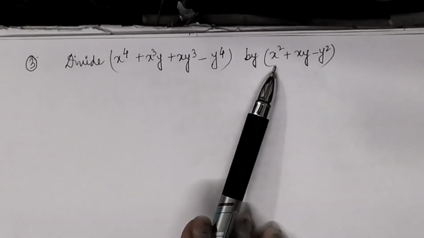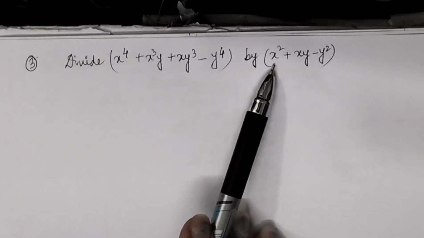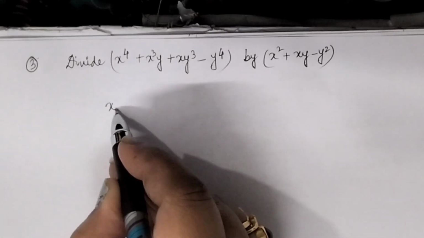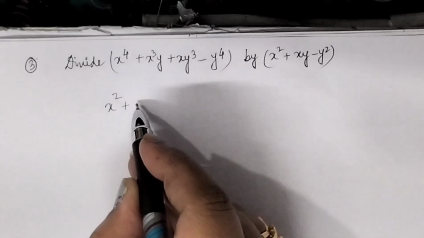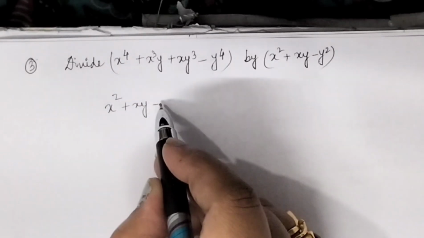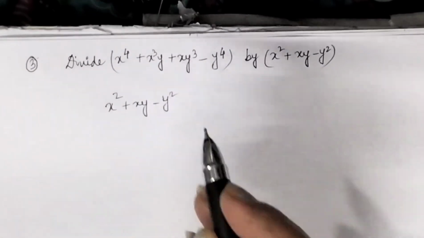So now we have to give x the domination. So here let's start the calculation. Let's see how we can proceed with this variable x as the leading variable.